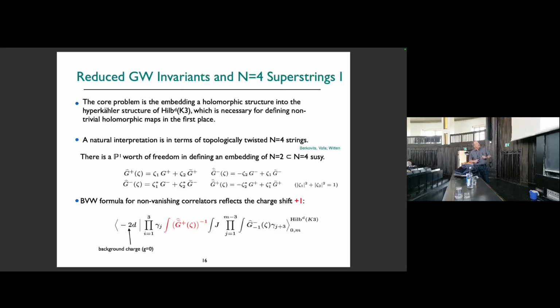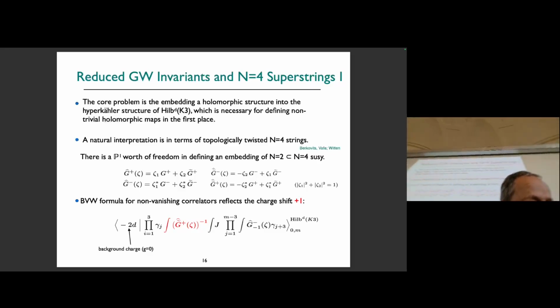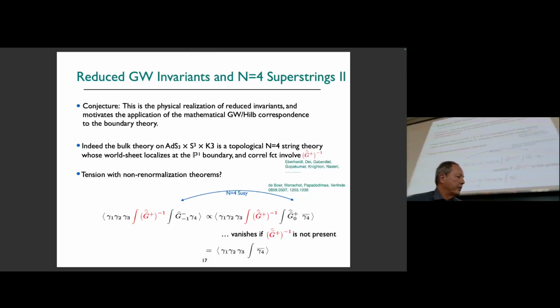With these ingredients, one can build non-vanishing correlation functions which have a complicated structure, but the main feature is that there exists an inverse power of one of the supercharges, and this is exactly what shifts the background charge in the right way. So this explains this charge shift, which was derived in an abstract way by the mathematicians.